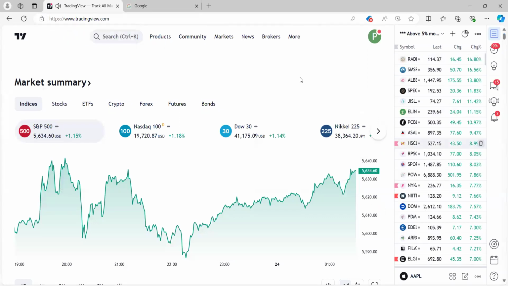So this way you can log in and this page will appear.